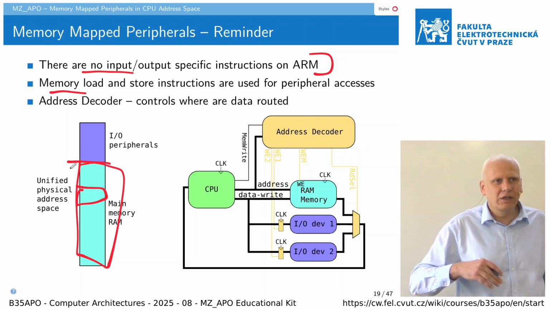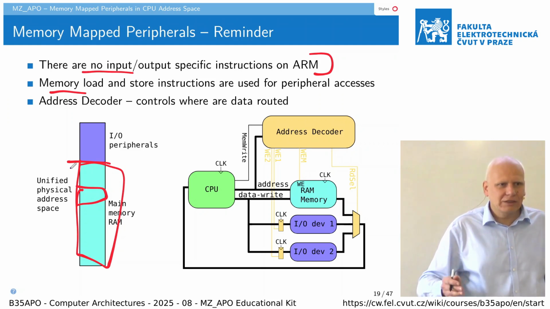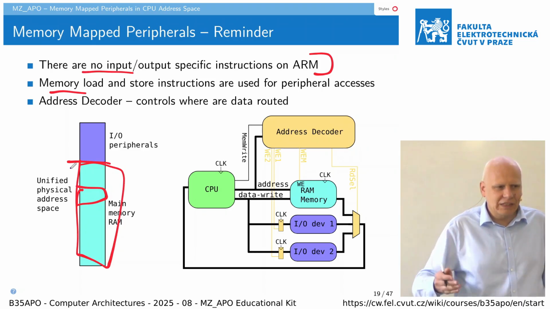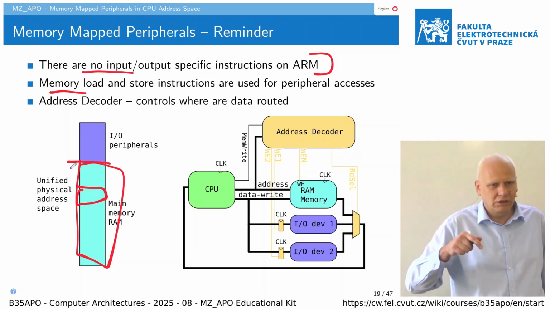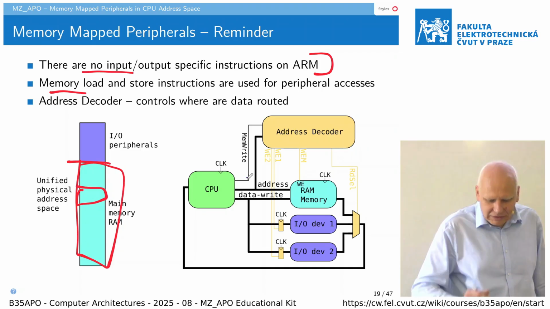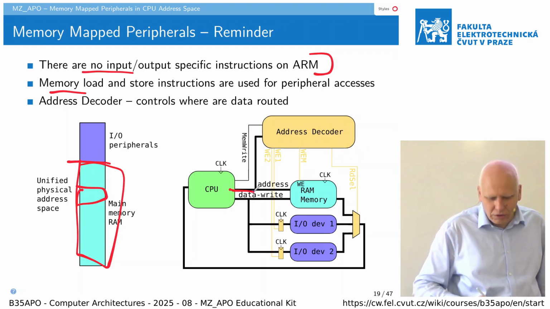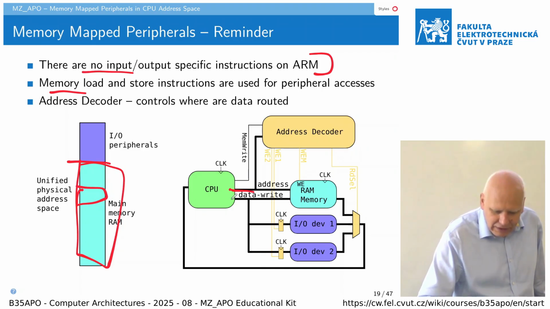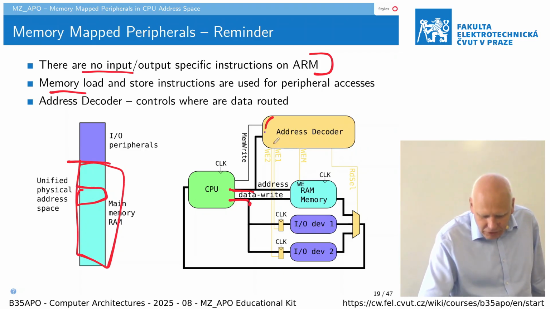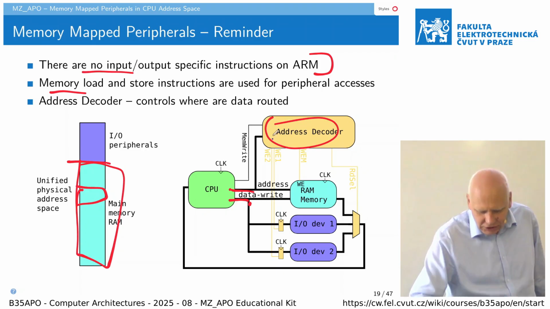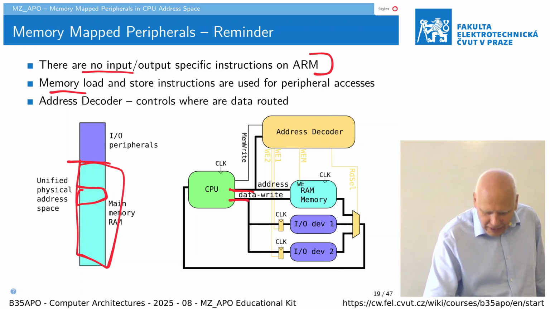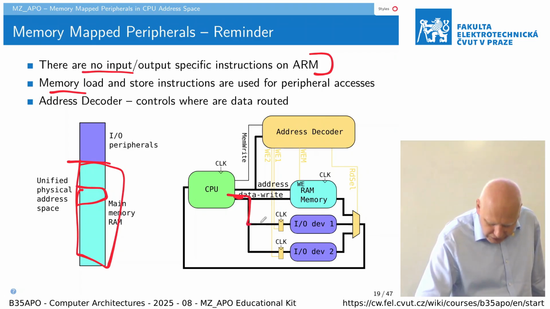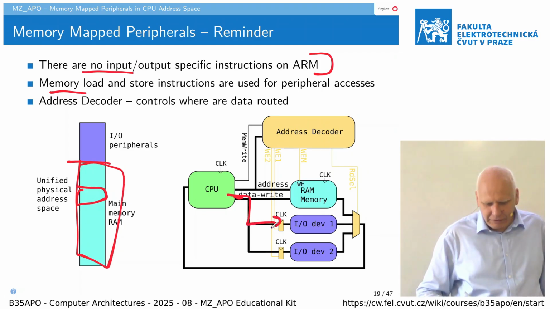If we speak about FPGAs and those systems on chip, then they usually do not have a bidirectional data bus or even a multiplexed address-data bus as we have seen on the PCI. In this case, we usually have a separate output for the address. Then we have a separate output for the data, which are, according to the address decoder decision, routed to the RAM or to some registers in the peripheral.